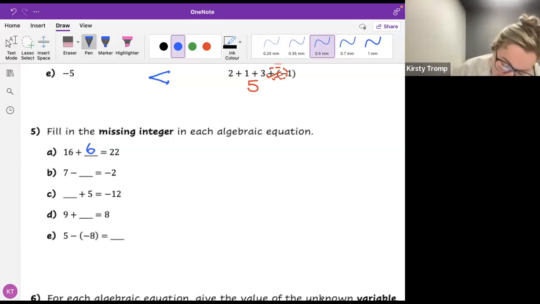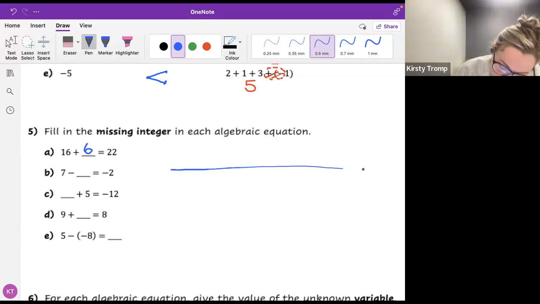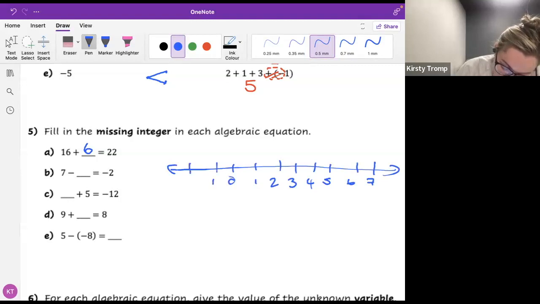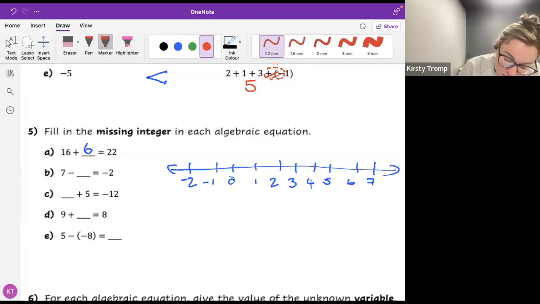Okay, so I'm going to do a number line quickly, Umar. On my number line, I'm going to have 7, 6, 5, 4, 3, 2, 1, 0, -1, sorry, and -2. Now I'm going to tell myself I'm starting at 7 and I want to get all the way to -2.